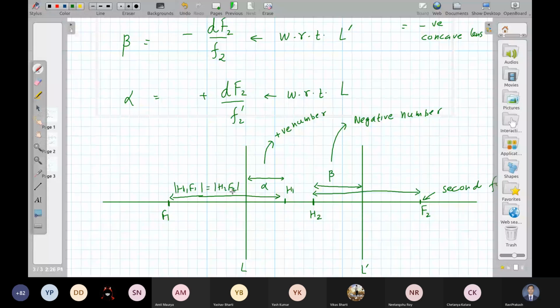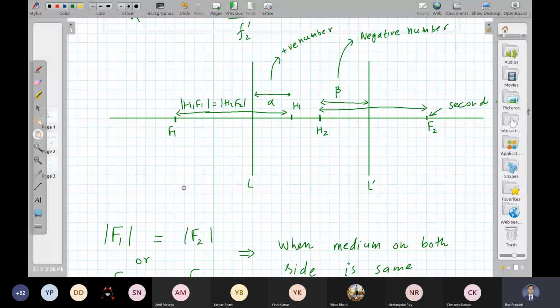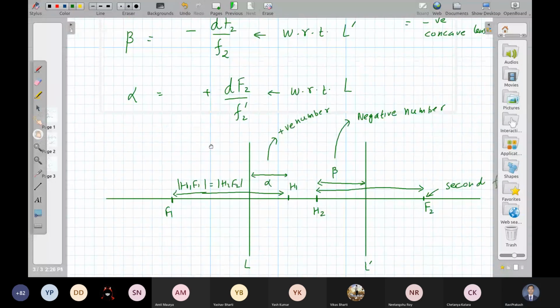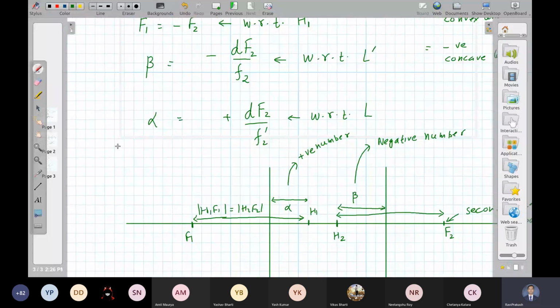Okay. What about nodal points now? Let me write nodal points somewhere here. So nodal points are also measured with respect to principal points. How do we find nodal points? By this formula. H1 N1 means distance of nodal point from principal point, or H2 N2 distance of second nodal point with respect to second principal point, is always equal to this.